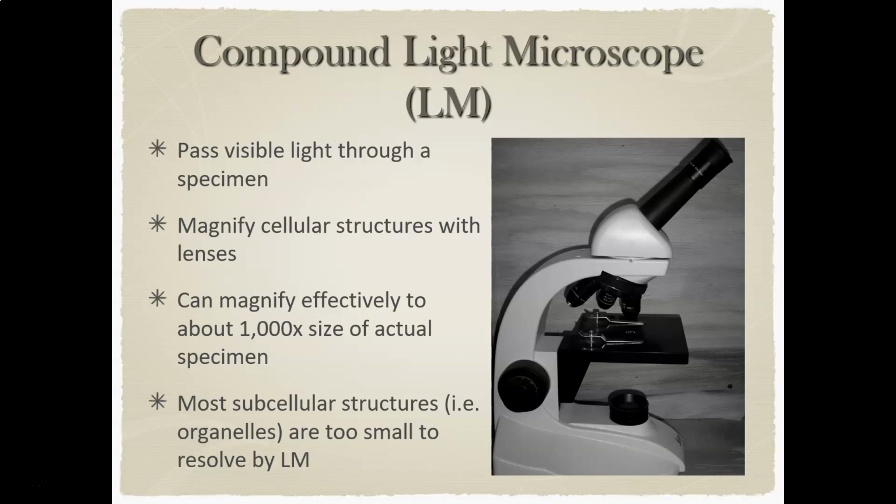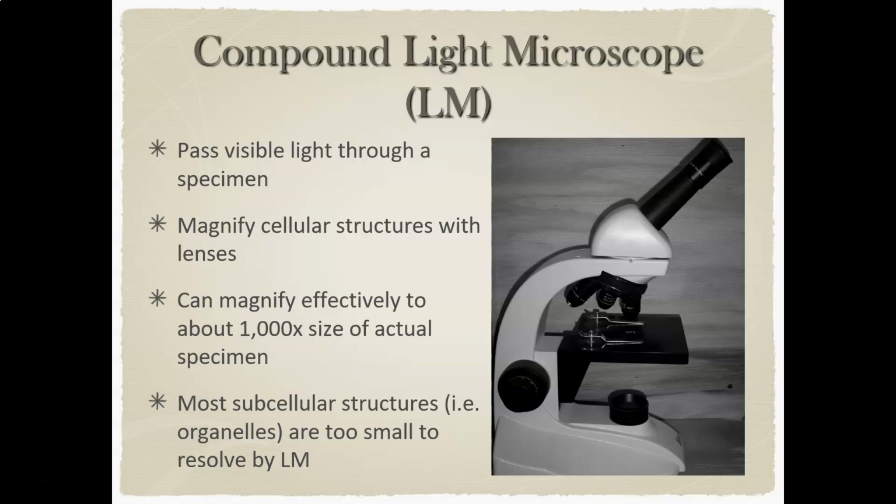Now, once again, what are you looking for? What's your question? What are you trying to answer? That drives what kind of microscopes you use. So when we talk light microscopes, these are generally good for most subcellular structures, or I should say, is not useful for most of those substructures. Typically, the only organelles you can see in a compound light microscope are definitely your nucleus, that's usually big enough.